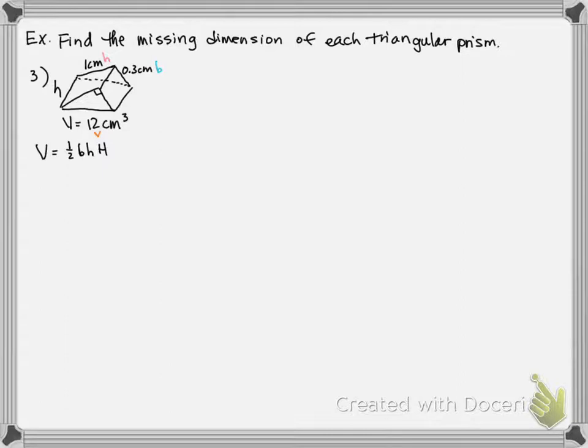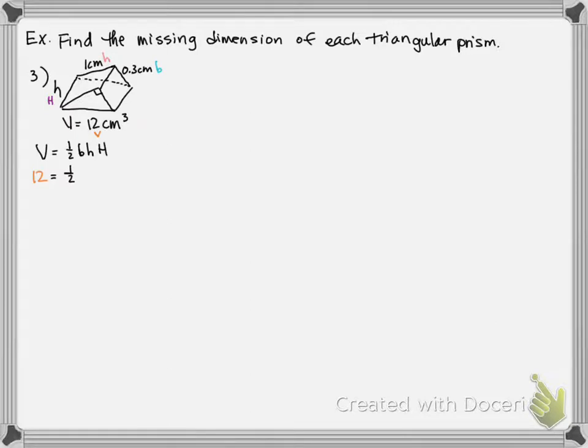Notice how in this diagram it's a little h. That is actually the height of the prism, right? Because it's separating the two triangles from each other. So let's put our numbers in. So we've got 12 is equal to 1/2. So always that 1/2 is there.